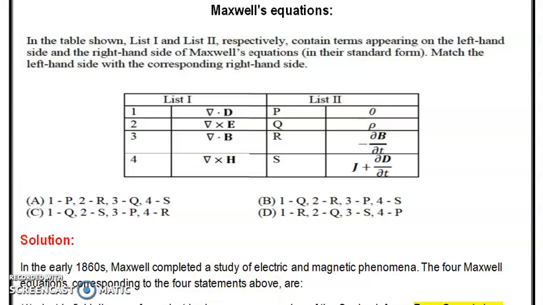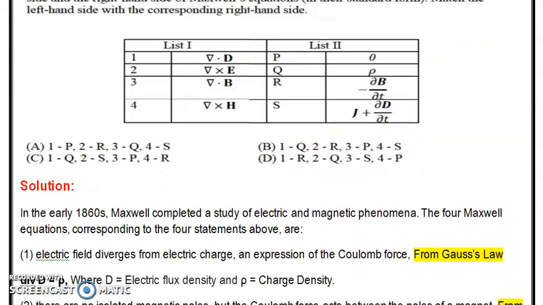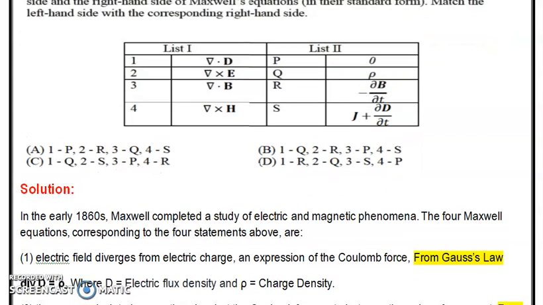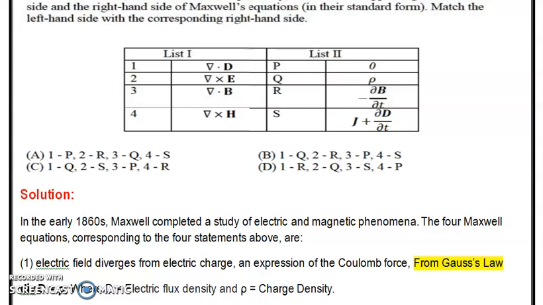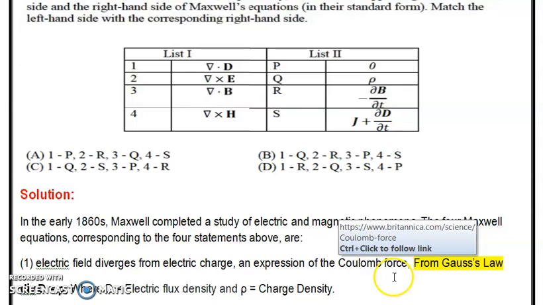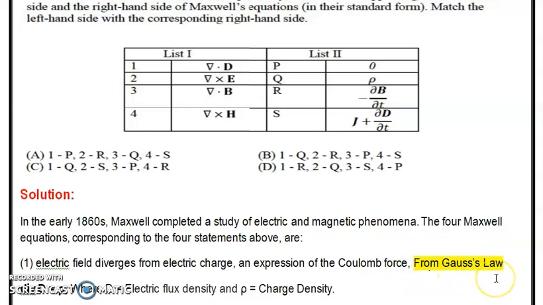What Maxwell actually did was integrate different laws that had already been derived by Gauss, Faraday, and Ampere. So the first law says the electric field diverges from electric charge, an expression of Coulomb's law. It is from Gauss law.